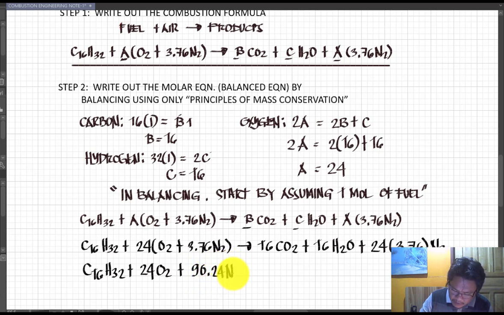So this will be your nitrogen. Then we have 16, so that will be CO2, plus again 16 H2O, plus this one 24 times 3.76, we have 90.24.